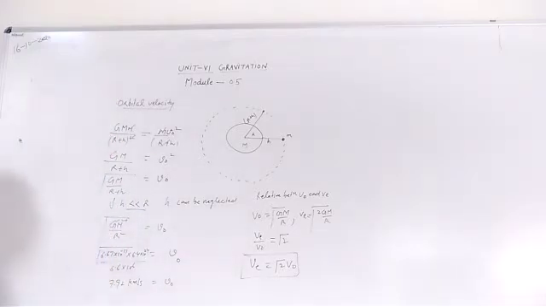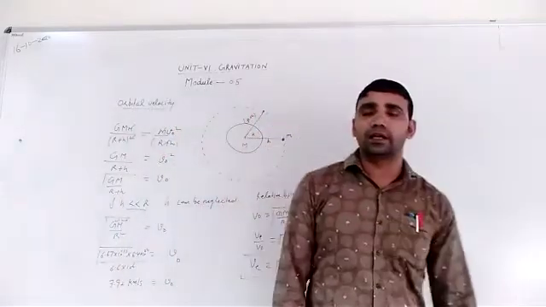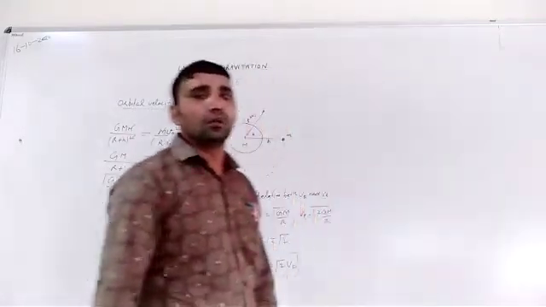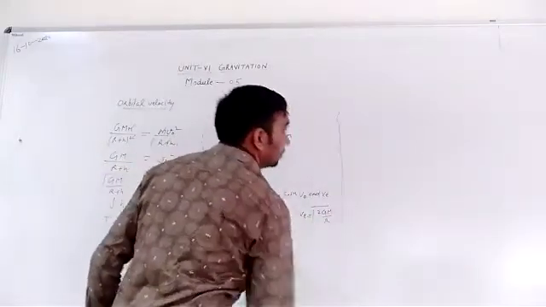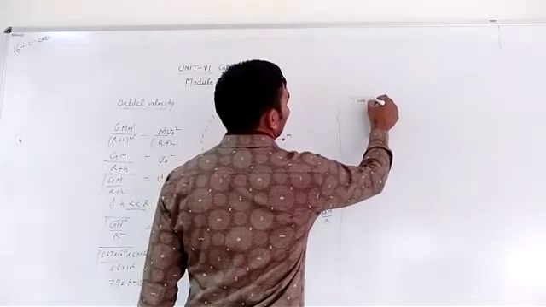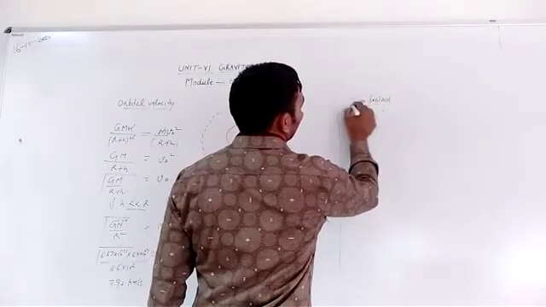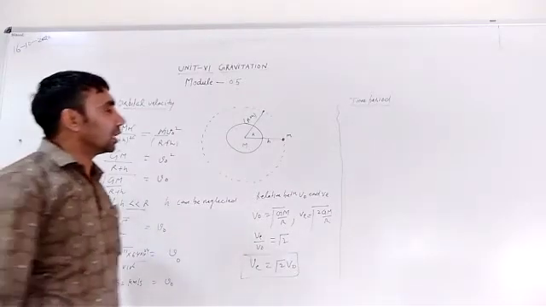Next, what is the time period of a satellite launched in a particular orbit? How do we calculate the time period?